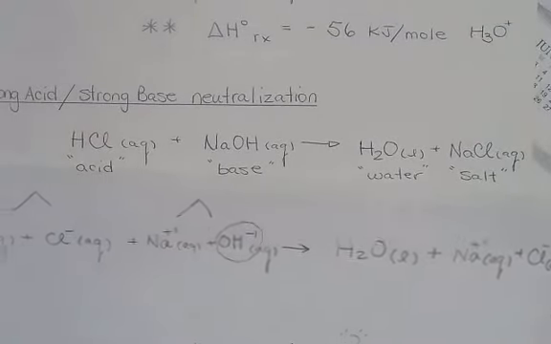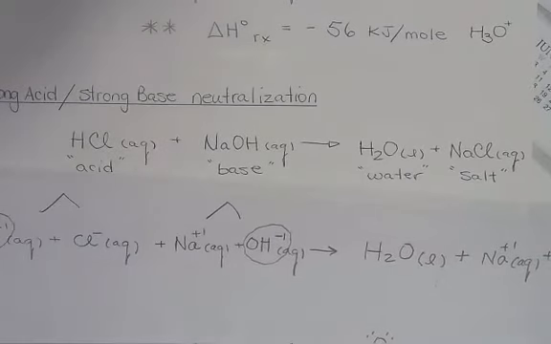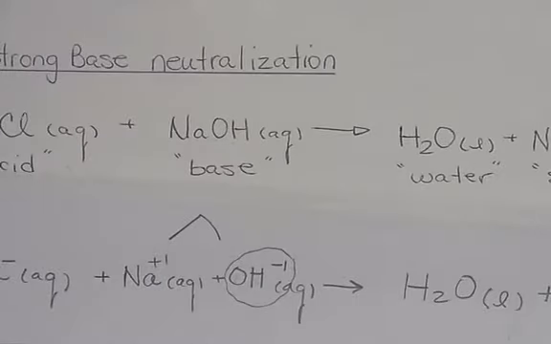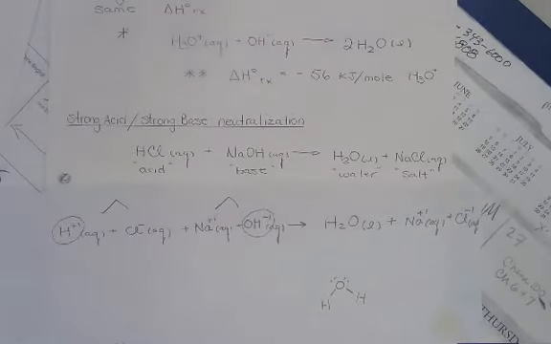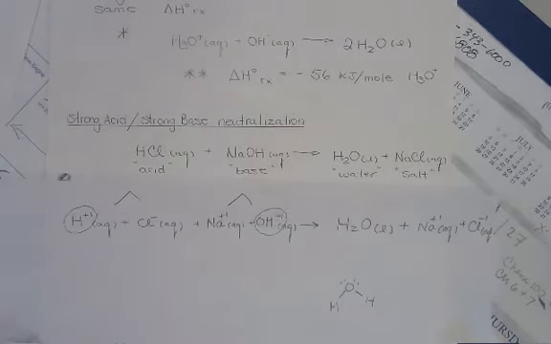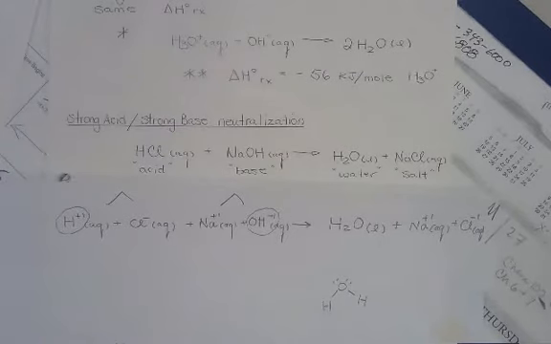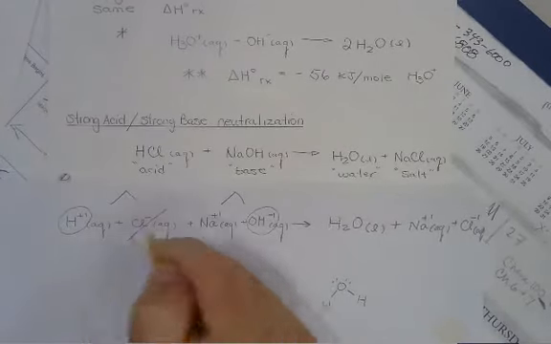Okay, so if I'm looking at my overall reaction, the last step in writing net ionic reactions is to cancel anything out that you see in the exact same form on the left and the right. So that's NaCl.